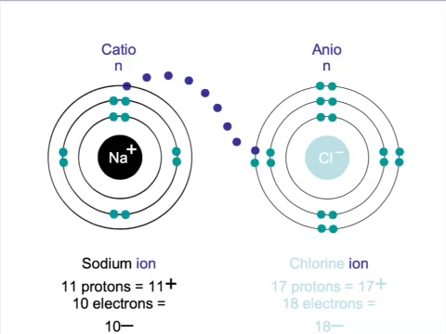It only has 7. 1, 2, 3, 4, 5, 6, 7. And it wants to find that last electron. So the easiest way for it to happen is for it to steal it from another element or atom that is close by, forming a bond between these two elements.